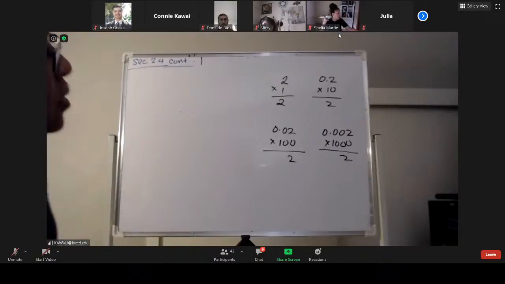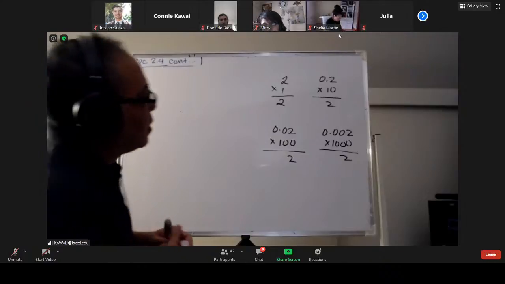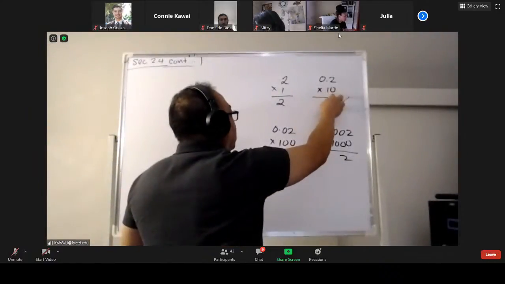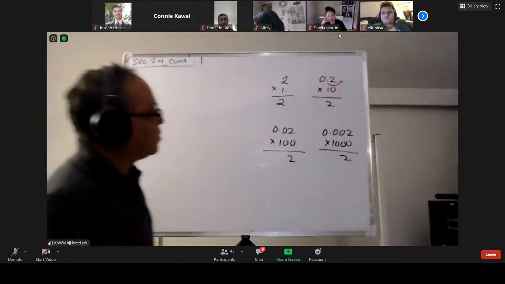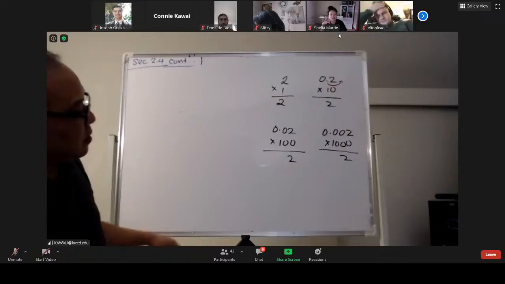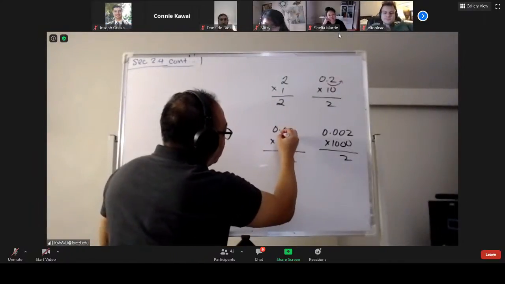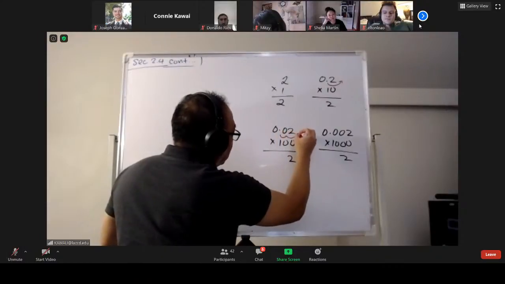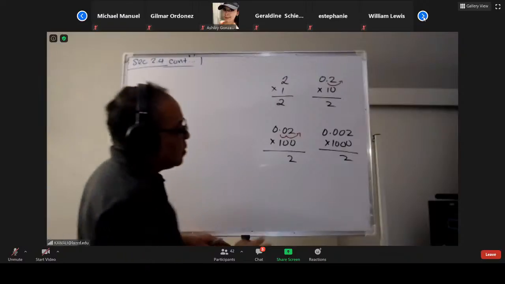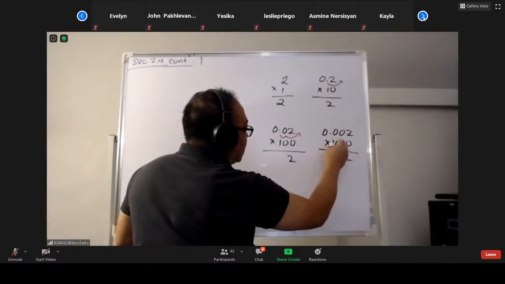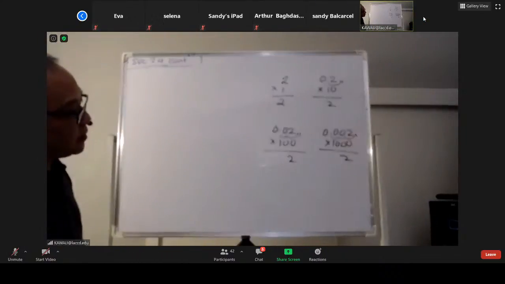Now, let me show you a little trick when it comes to decimals and multiplication. 10 means move the decimal one place. 2 zeros mean move the decimal 2 places. 3 zeros mean move the decimal 3 places.